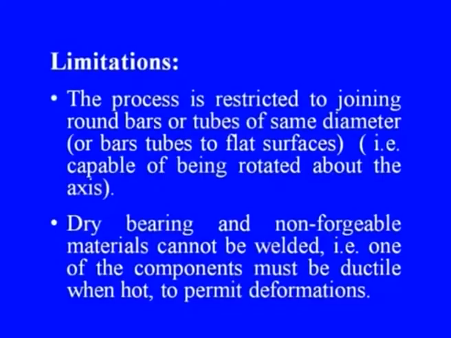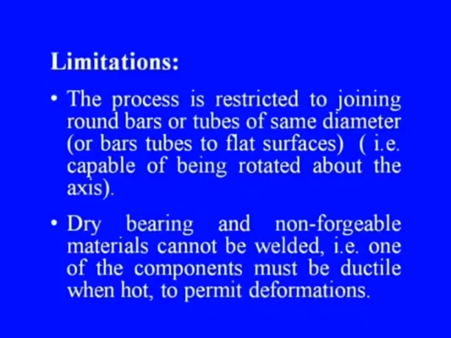Now, let us look at some of the limitations of this process. The process is restricted to joining round bars or tubes of square diameters or bars or tubes to flat surfaces, that is capable of being rotated about its axis. That is what we have already seen.